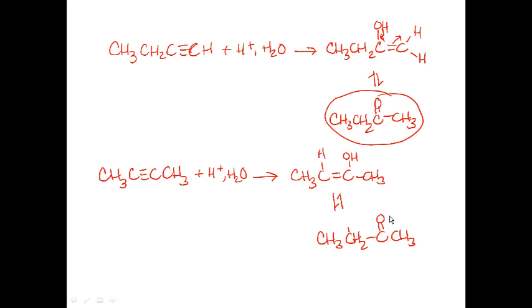Now, what happens when I react an unsymmetrical alkyne? Well, what happened when I reacted an unsymmetrical alkyne with HBr? Here's an unsymmetrical alkyne. So if I add H plus H2O to this, what's going to happen?